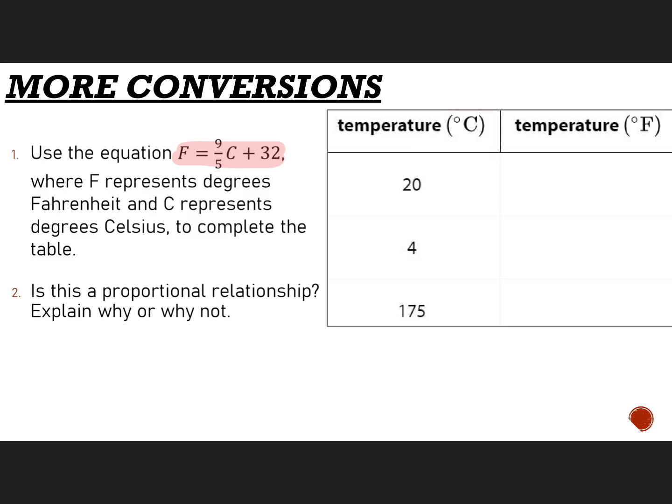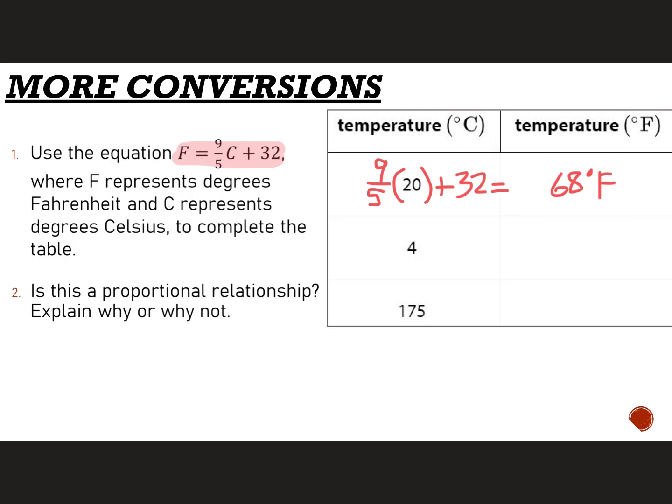So the first one, the C value is 20, and we're going to take that times 9/5, and then we're going to add 32, and see what that equals. If you type that into the calculator, you would get 68 degrees Fahrenheit.